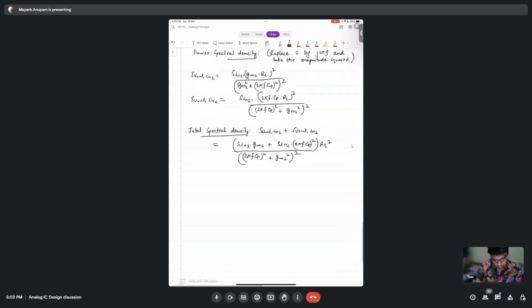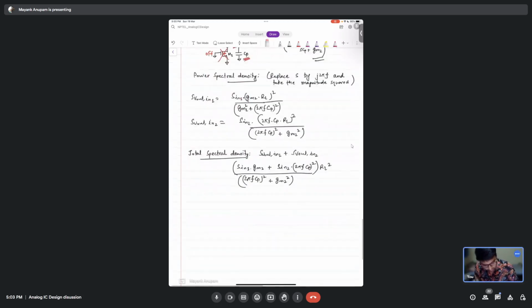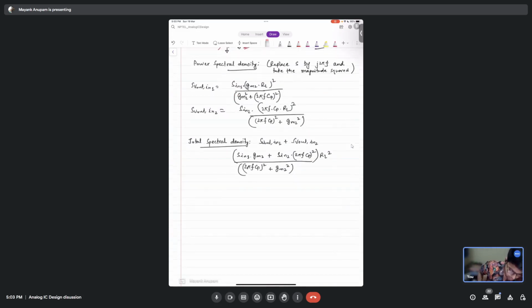So, sir, why is this square term coming here? Because we are taking the magnitude and the square. Correct, yes. Oh, sorry, my bad, thank you. There will not be any square term.